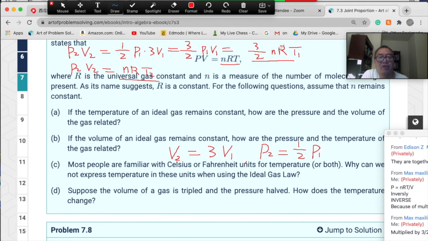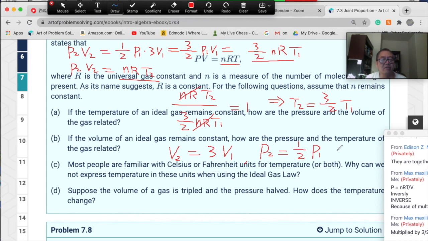So you can do this one over this. You get N times R T2 over 3 over 2 times N times R times T1. This equals a ratio of 1, because this P2 V2 and this also P2 V2. So N times R cancels out, and you get T2 equals 3 over 2 times T1.